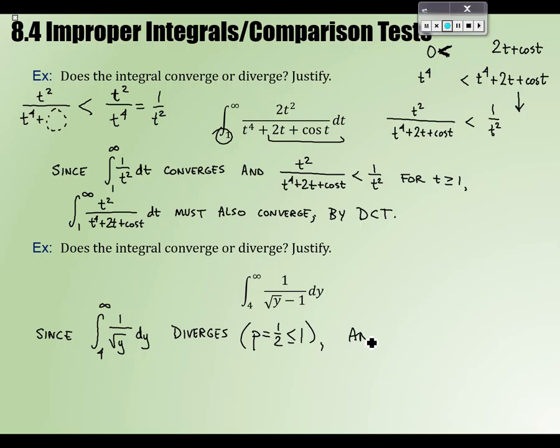And what would we like to be true? Let's just hope it's true here. And 1 over root y minus 1 has what relationship to 1 over root y? It's greater than, for all y greater than 4. The integral we're looking at diverges too.